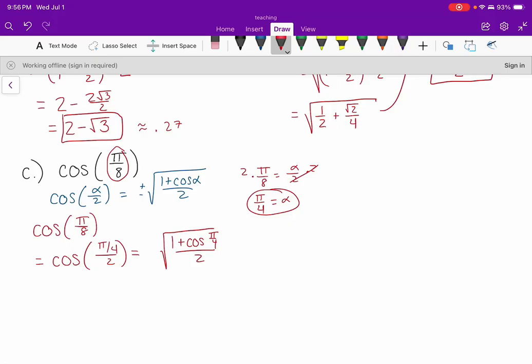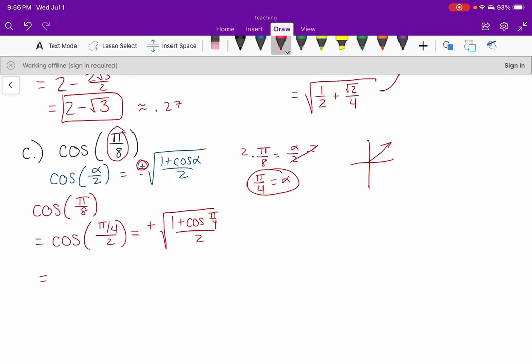Pi over 8 is in quadrant 1, so this is still going to be positive on the outside. The rest of this is simplifying, so I get square root of 1 plus cosine pi over 4, which is root 2 over 2, divided by 2. I'm going to change that again to multiplying by 1/2.